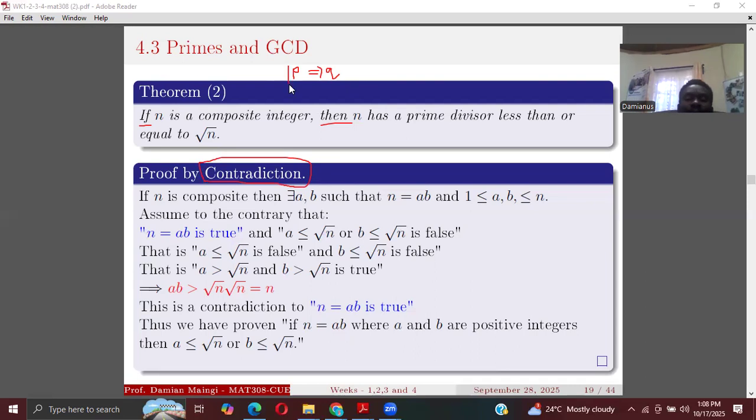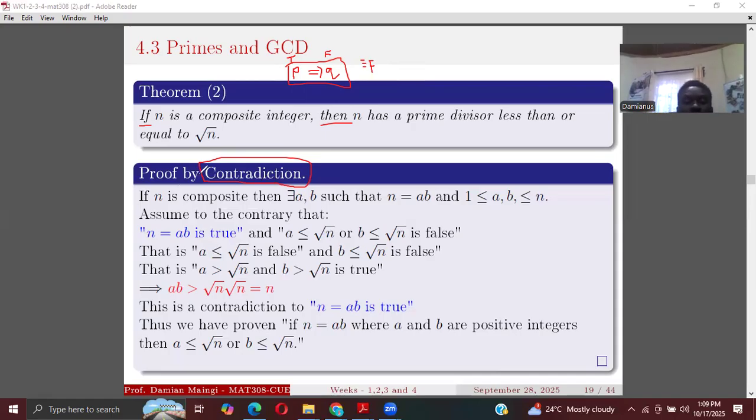Now, I don't know whether you remember when you're dealing with implication, when you're doing logic, the only time this thing doesn't make sense is when this is false and this is true. Because true implies false would be false. Otherwise, it is true. So this is the only case we assume. We suppose that P is true and Q is false and see what that makes sense. That's what I mean by contradiction here. So I hope that makes sense.